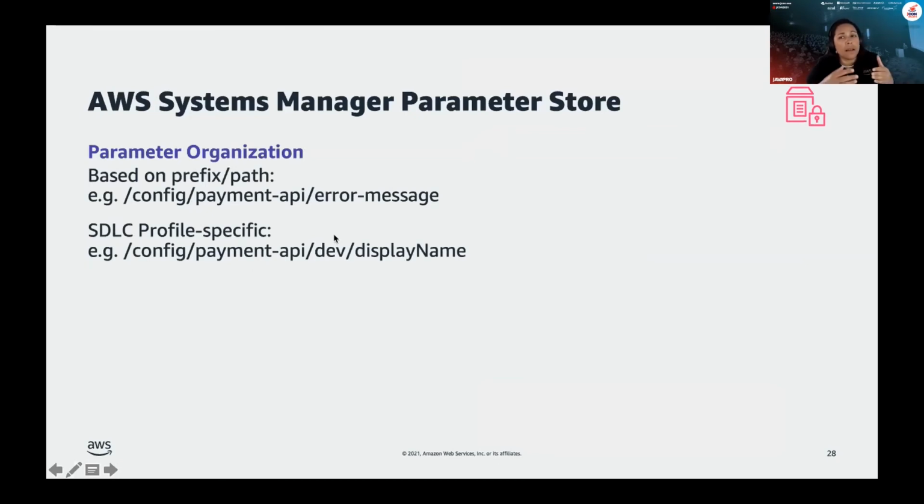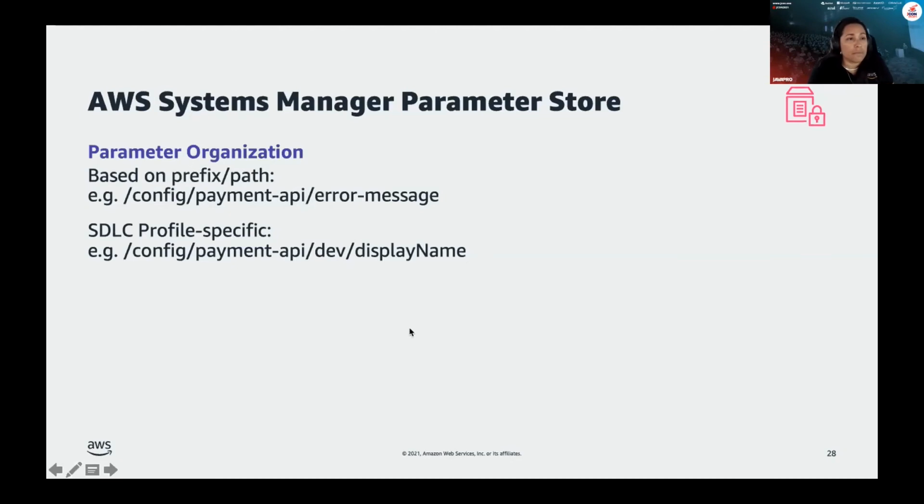It lets us use a prefix or path-based organization for our parameters. So, for example, you can use a prefix such as config, then your application name, and then the specific name of the parameter. Or you can even include the environment or the lifecycle stage for that application, and then your parameter name.